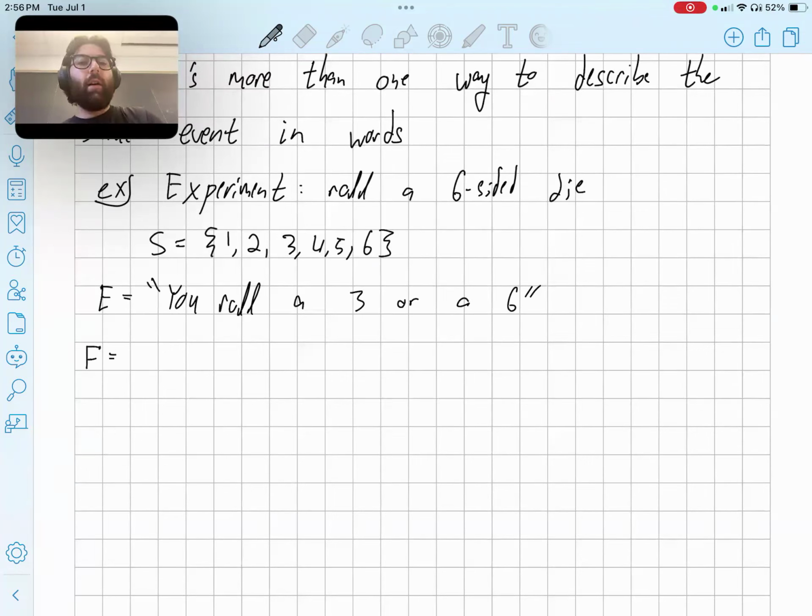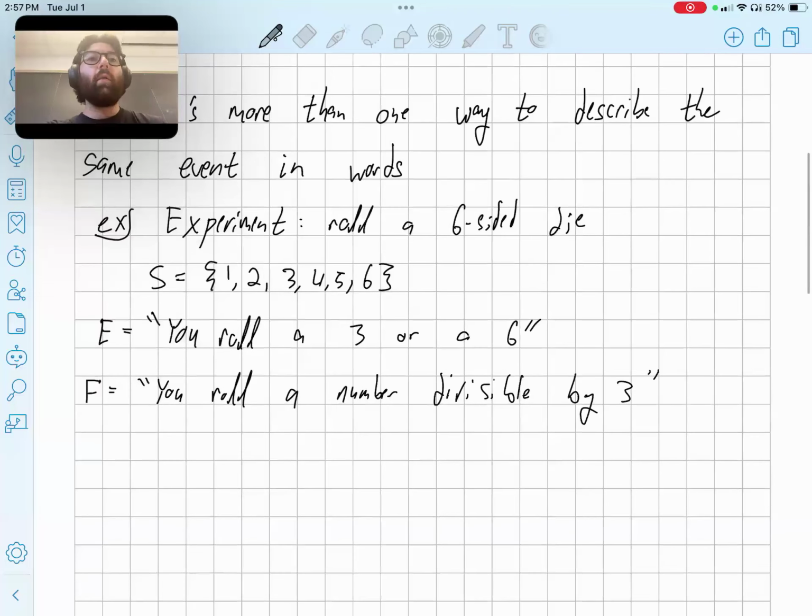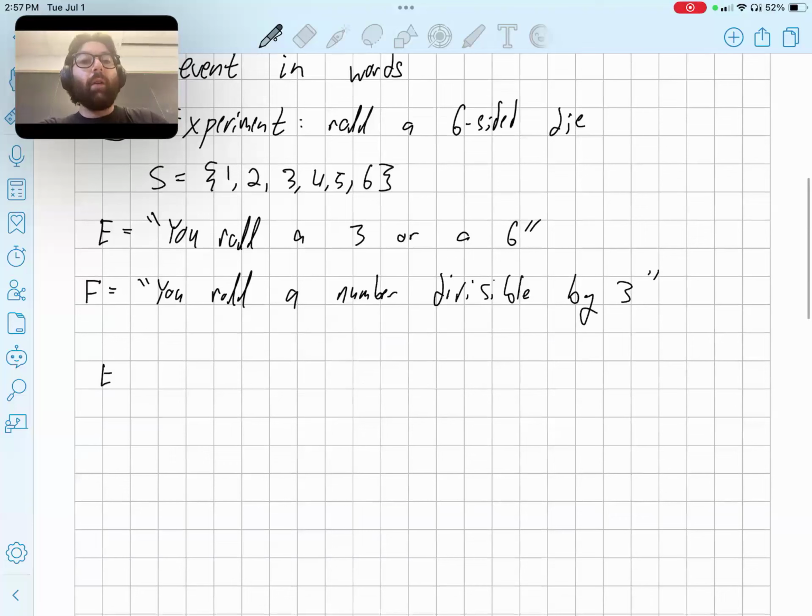And another event that I'll call F is you roll a number divisible by 3.